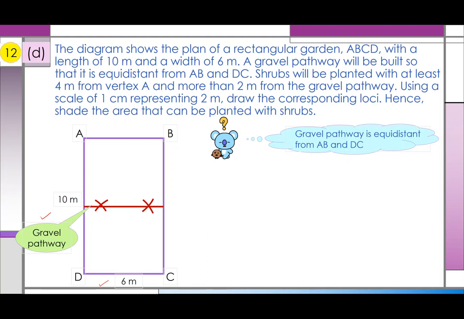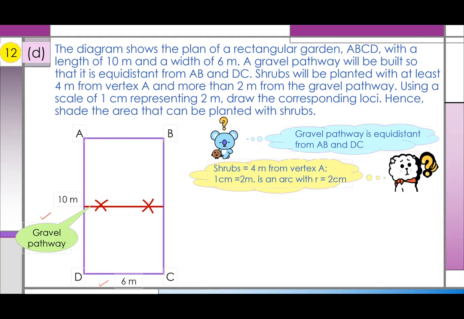Okay. So after that, shrubs will be planted at least 4 meter from vertex A. Okay, 所以呢，她要种一些小小的树, at least 4 meter from vertex A. So 4 meter from vertex A, that means it's an arc.